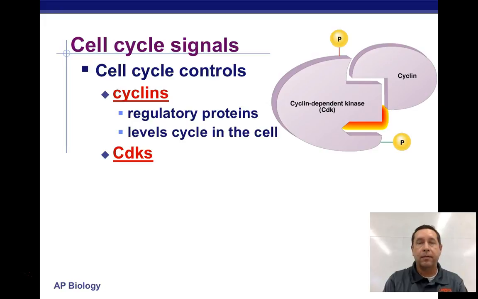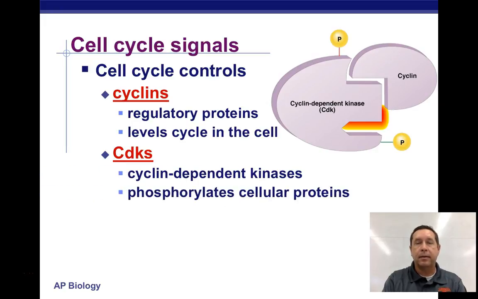There's another group of proteins or chemicals that are involved in cell cycle signaling called cyclin-dependent kinases, or CDKs. So these are enzymes. Kinase ends in ASE. They phosphorylate various cellular proteins, they add energy, and they activate or inactivate various proteins.